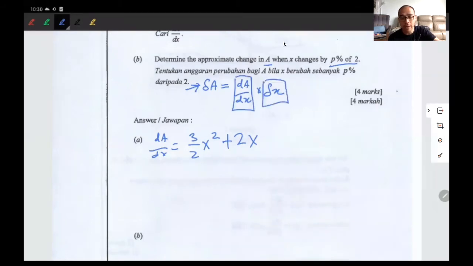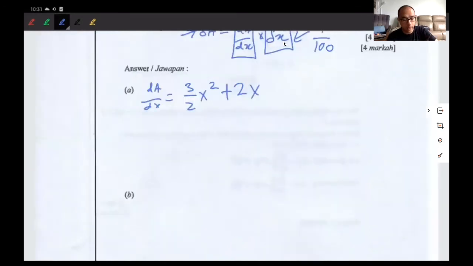Now we are given that the value of delta x is p%. So p% means p over 100, p% of 2. Since there is a number 2 over here, this is the value of x. So we have to find the value of dA/dx when x equals 2. Where do I get dA/dx? From here.